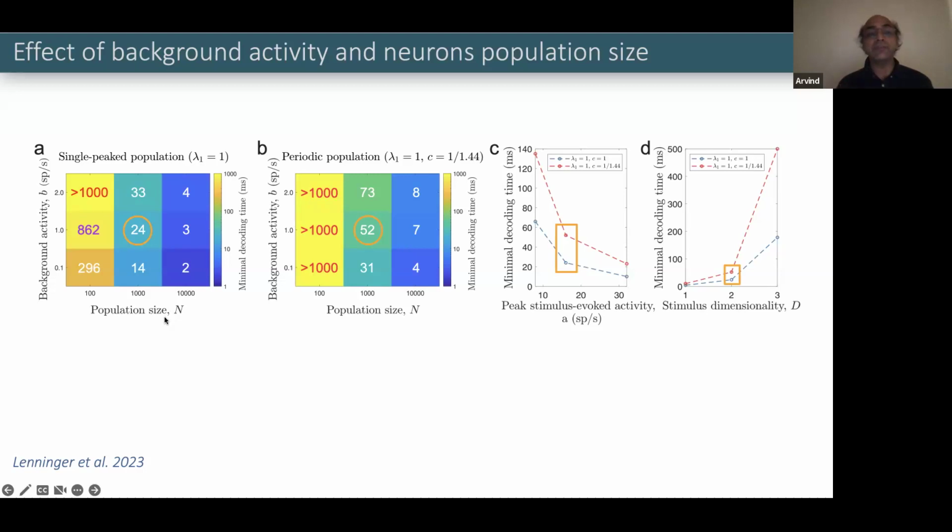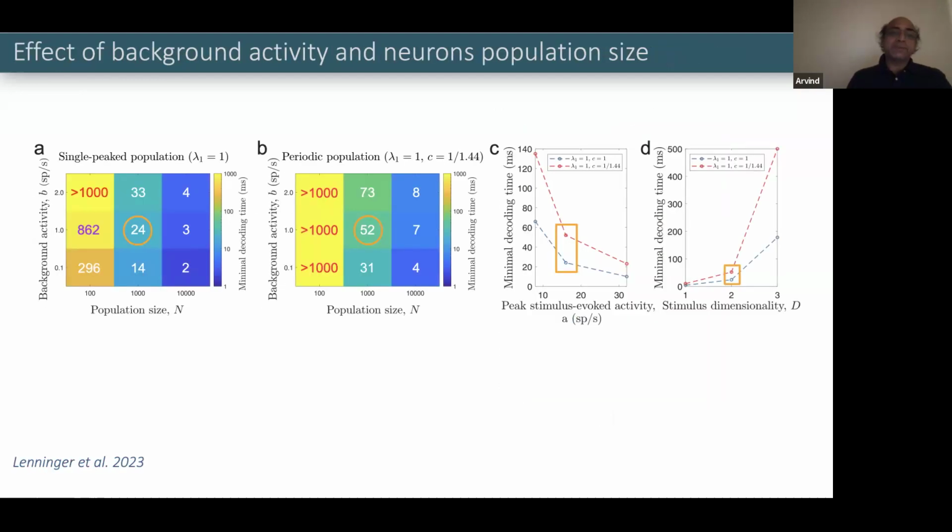You can recruit a larger population to avoid this, but qualitatively the effect still remains the same: if you compare single peak versus periodic, you will always do better with single peak in terms of avoiding threshold distortions. The results are pretty systematically as expected, because as you increase the number of neurons, the minimum decoding time decreases. As you increase the background activity, it increases. But relative differences are quite stark.